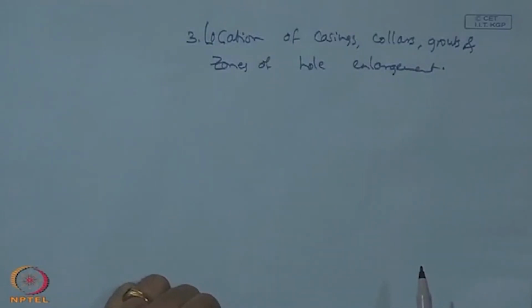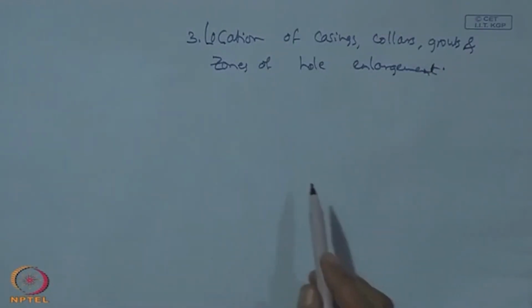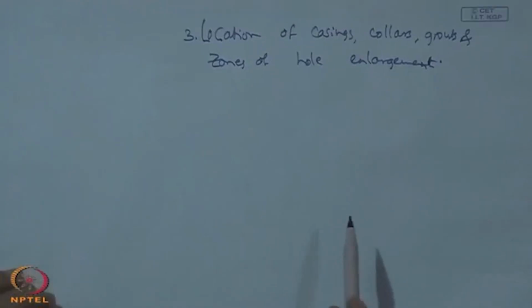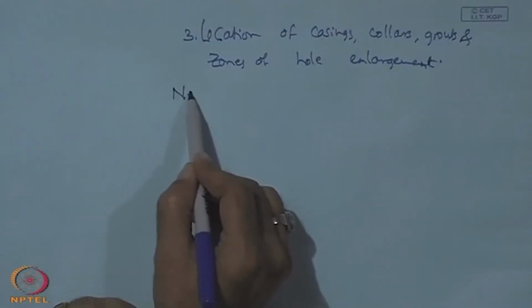Using this gamma radiation, these casings, collars, grouts and hole enlargement zones can be located.